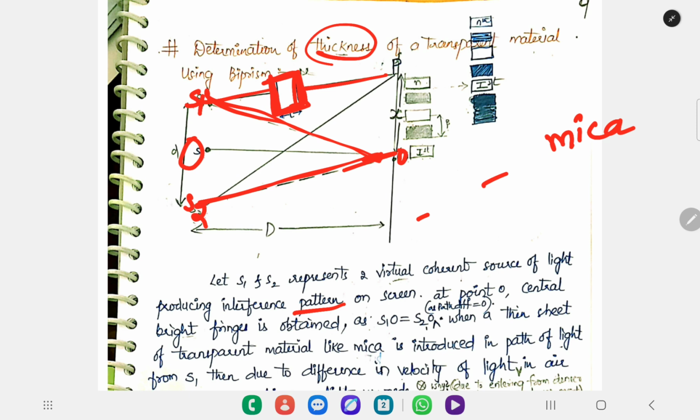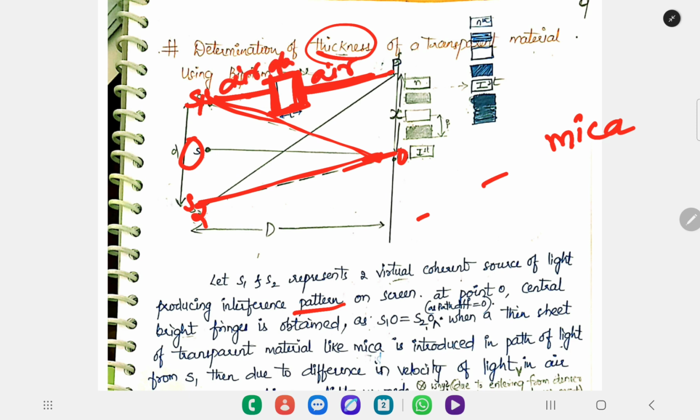Now, due to the difference in velocity of light, the velocity of light changes, and the medium also changes. Here the medium is air, then glass, and again air.